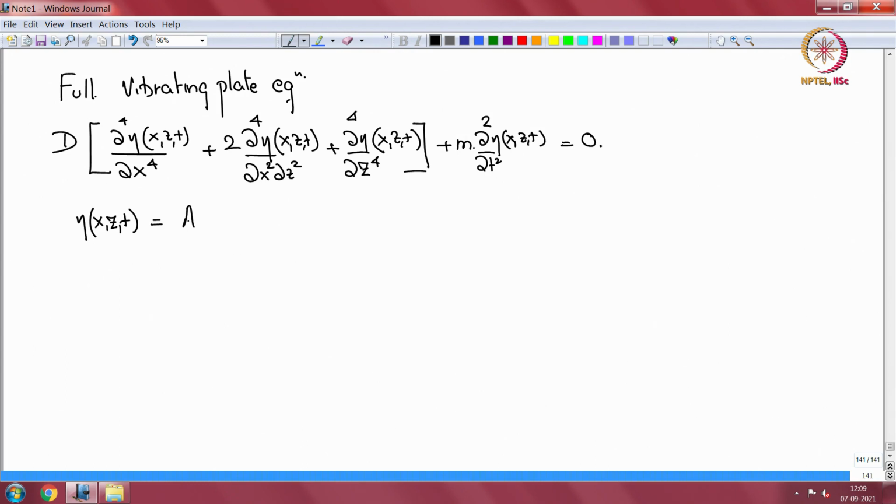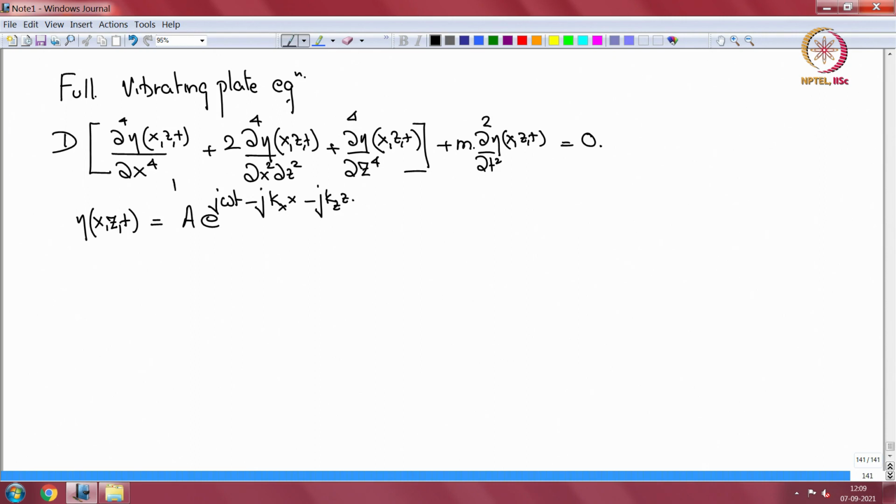form some amplitude A e to the power of j(ωt − kx x − kz z).